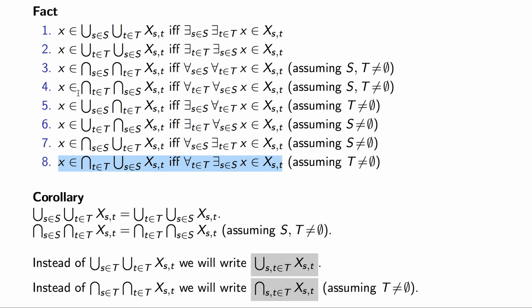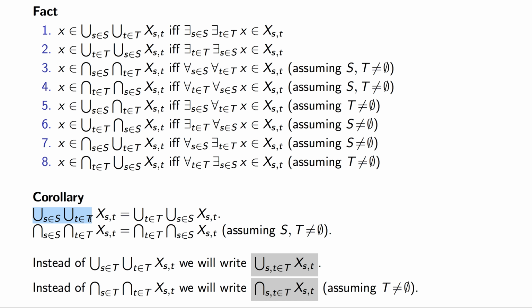And again, notice that the union corresponds to the existential quantifier, the intersection corresponds to the universal quantifier. From this fact, we immediately obtain this corollary.